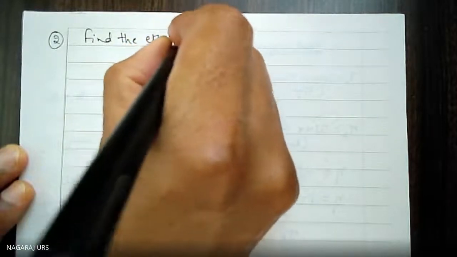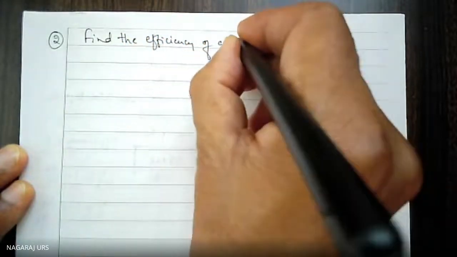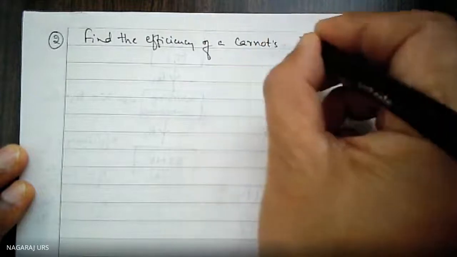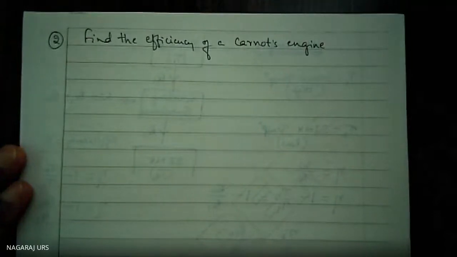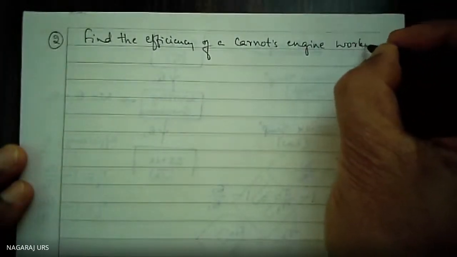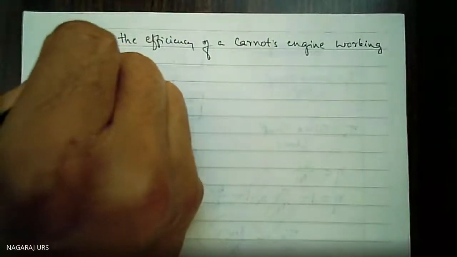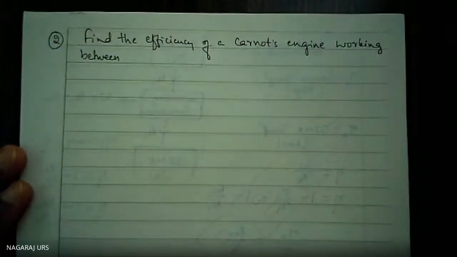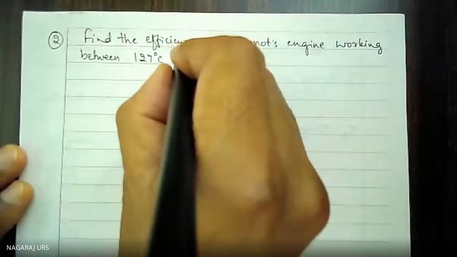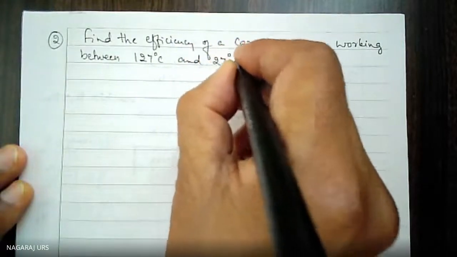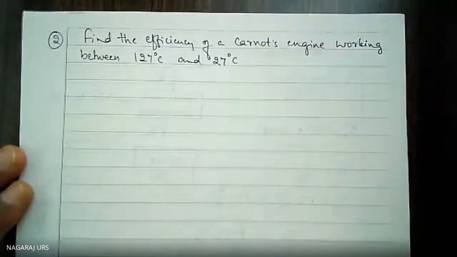Second problem. Find the efficiency of a Carnot engine working between 127 degrees centigrade and 27 degrees centigrade. This is source temperature, this is sink temperature.